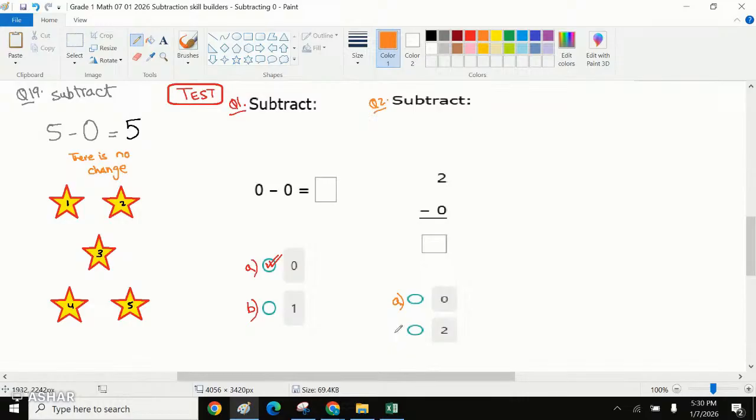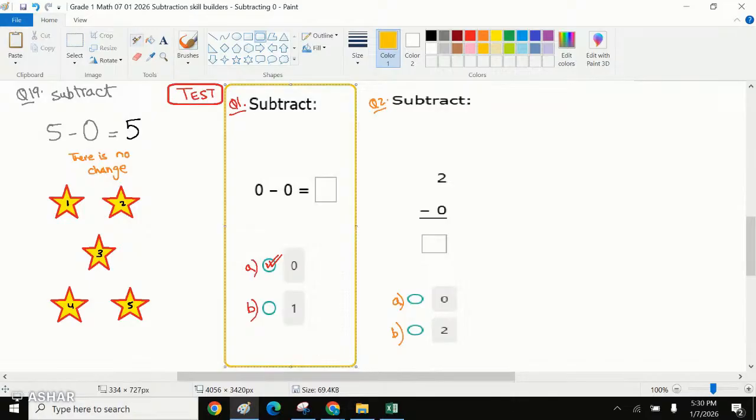and the options given are A and B. So what option should be the correct answer? This is question number 1. For question number 2, what option should be the correct answer? If you had 2 of something, let's suppose you had 2 pencils, I'll do the example again.